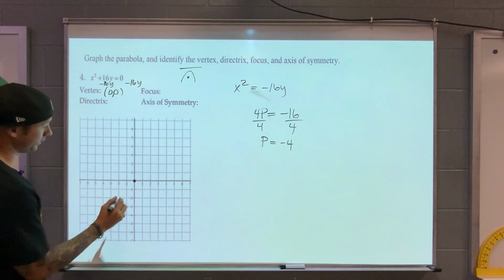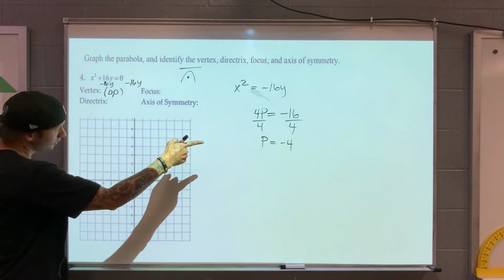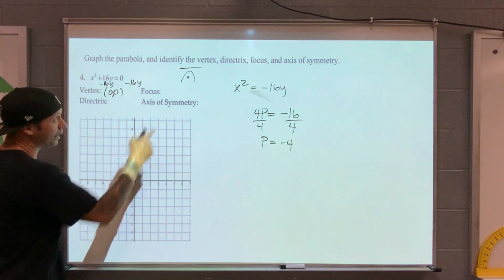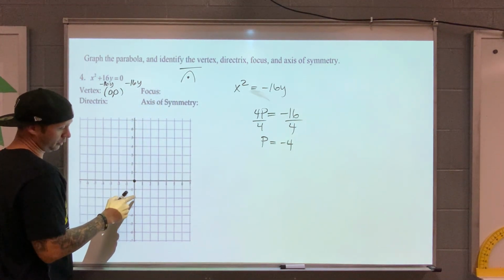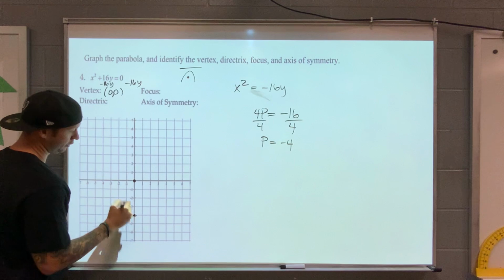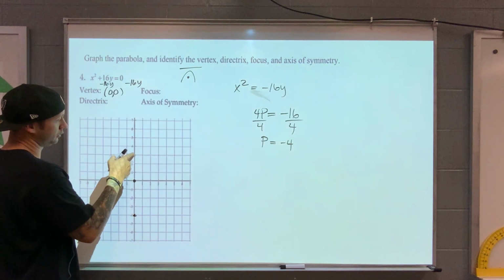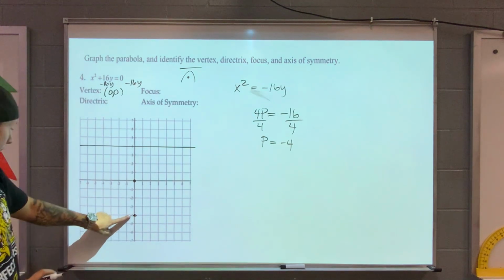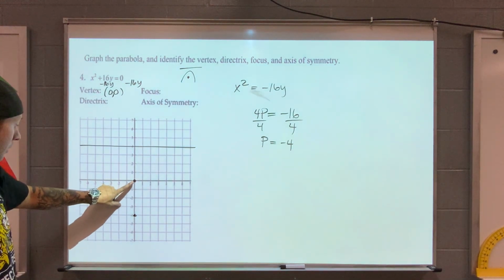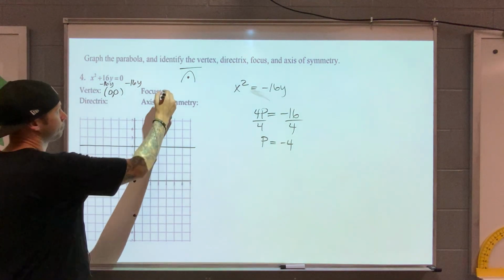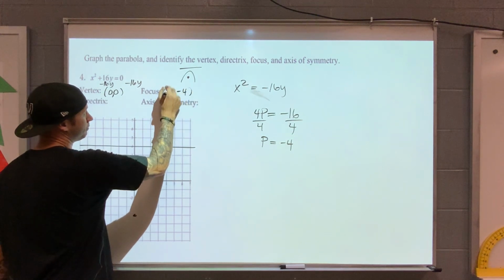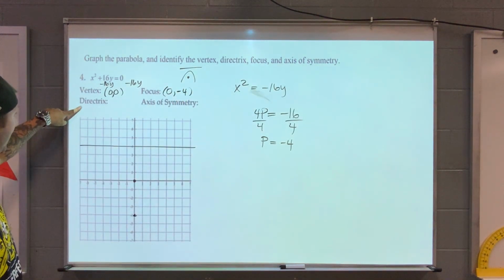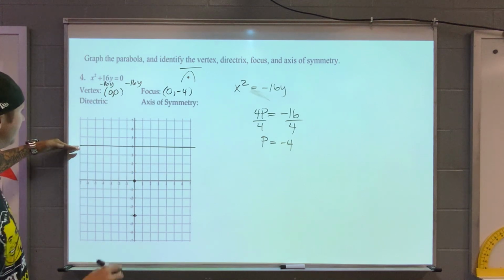The focus is going to be 4 units downward: 1, 2, 3, 4. The directrix is 4 units up: 1, 2, 3, 4. Okay, the focus is at (0, -4). The directrix is at y equals 4.